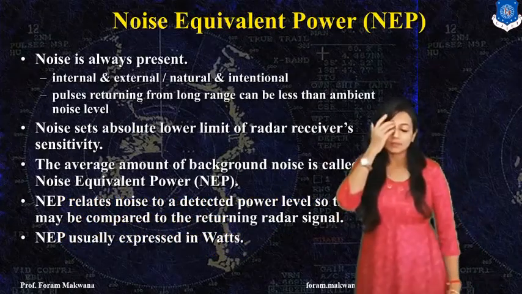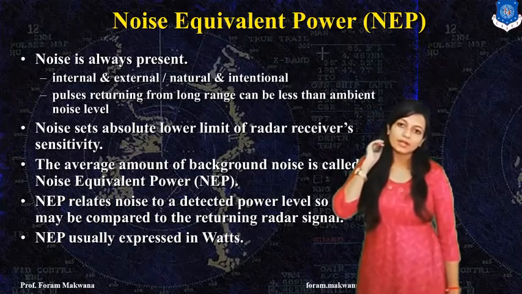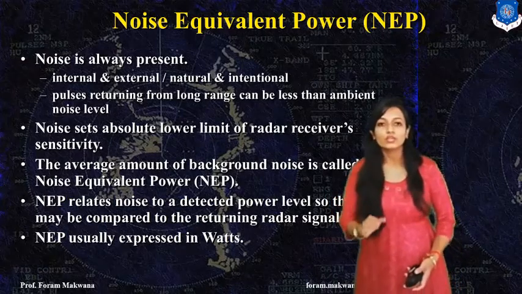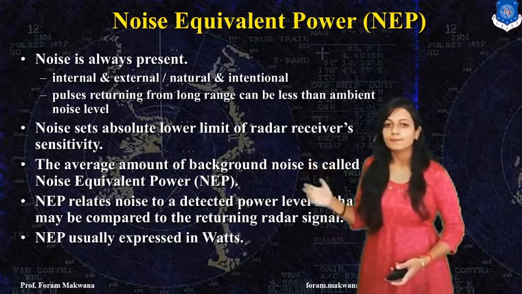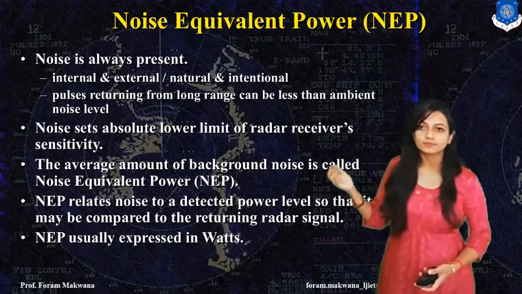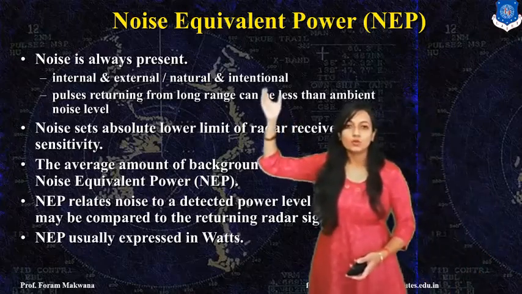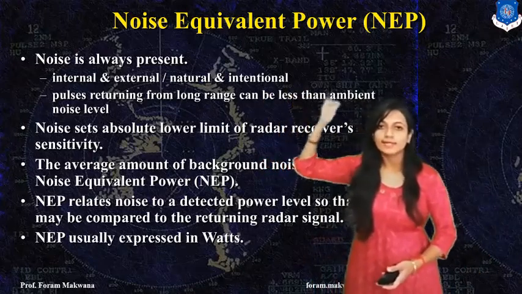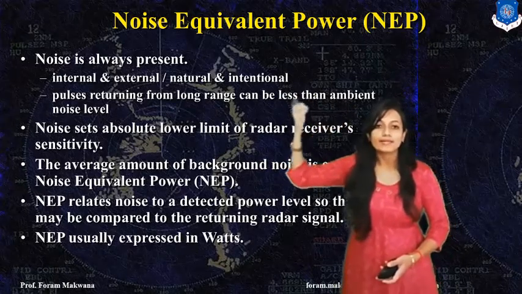Now the next term is the noise equivalent power, and how it is going to be affected when we receive the echo signal. As I have told you, noise is always present, it can be internal or from an external source.